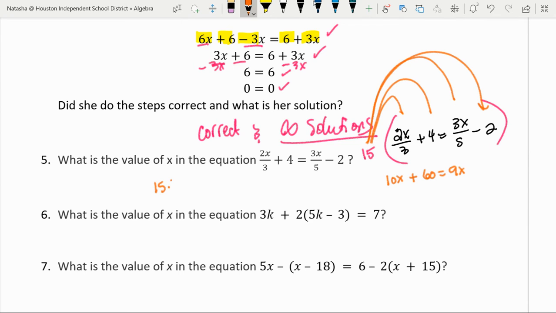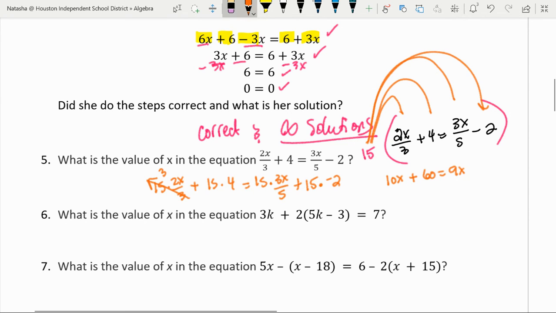So I'm saying 5 times 2x divided by 3 plus 15 times 4 is equal to 15 times 3x over 5 minus 15 times negative, not negative, it's positive, so plus 15 times negative 2. There we go.